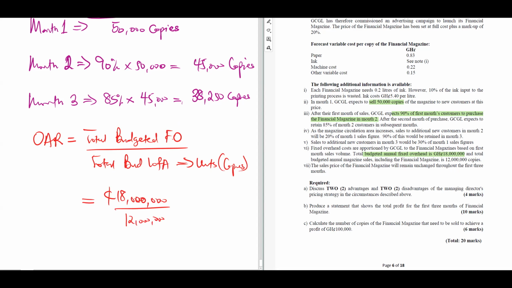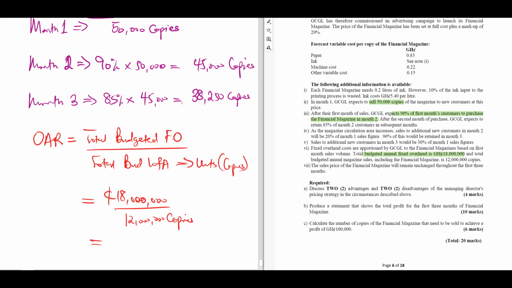So because it says full cost, we all know full cost. We learned it last week that full cost means what? Variable cost plus our fixed cost, right? Do you remember? Yes, sir. We need to get full cost. That means you are getting fixed cost per unit. That means you are using absorption costing here.